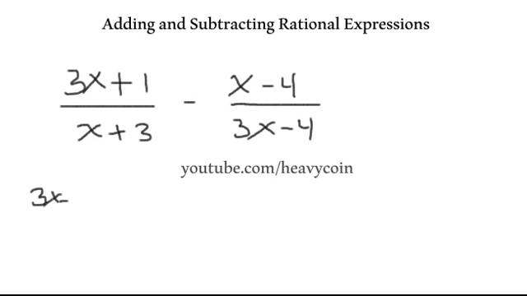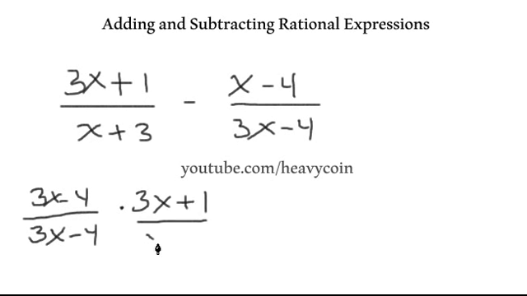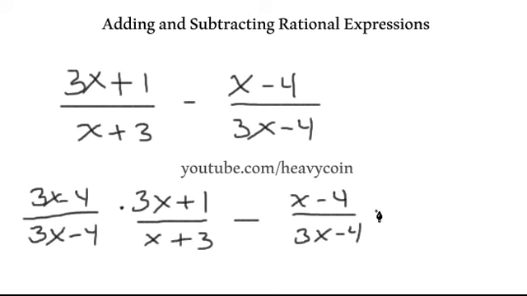So 3x minus 4 over 3x minus 4 times 3x plus 1 over x plus 3, minus x minus 4 over 3x minus 4 times, and then we're going to write this x plus 3 here, over here, x plus 3 over x plus 3.